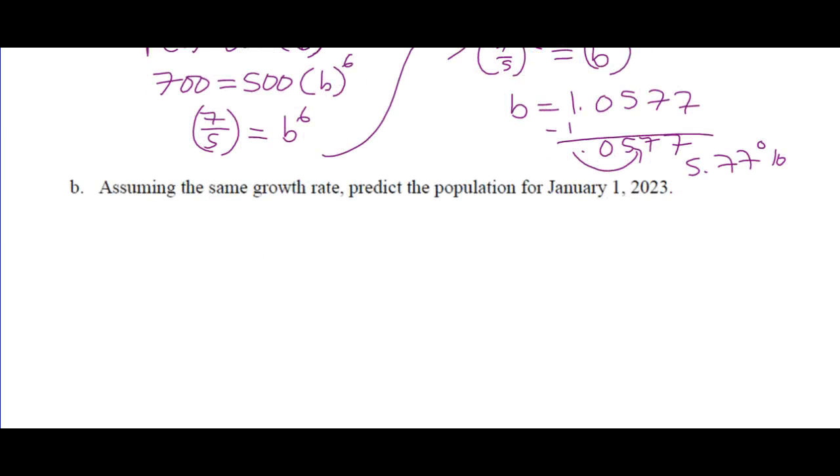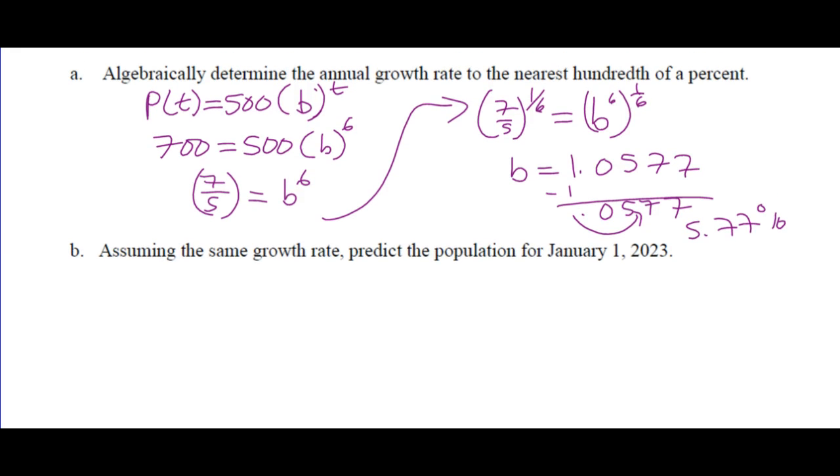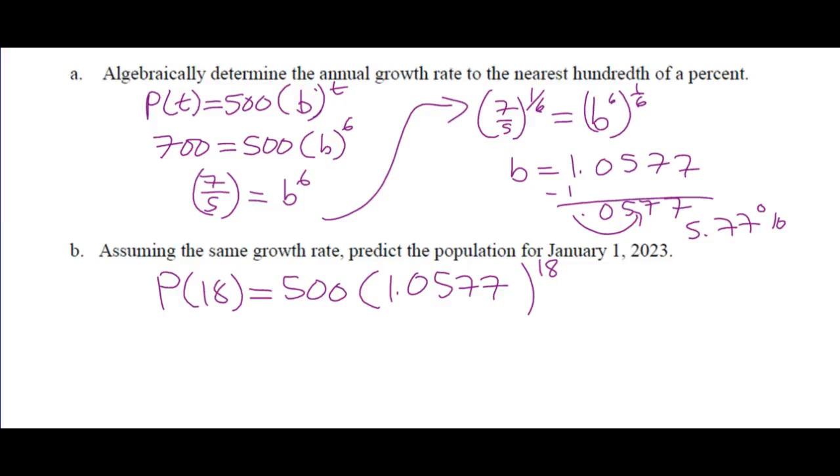Assuming the same growth rate, predict the population for January 1st, 2023. So how many years to 2023? 18, right? So we want P of 18, which is going to be the initial 500 times 1.0577. Just use second function enter. You can pull that number back in, or go up and pull it down, to the power of 18.